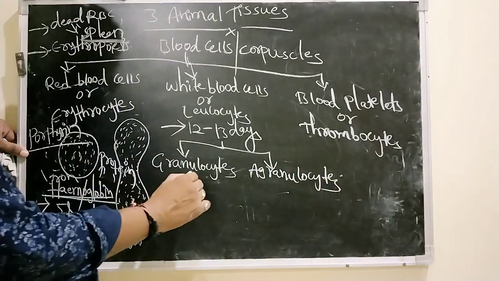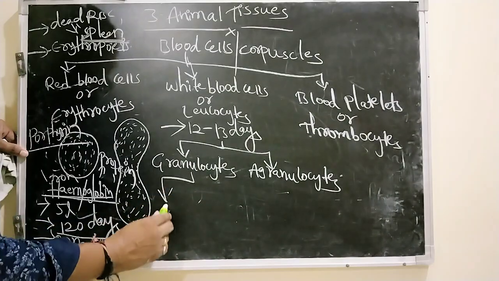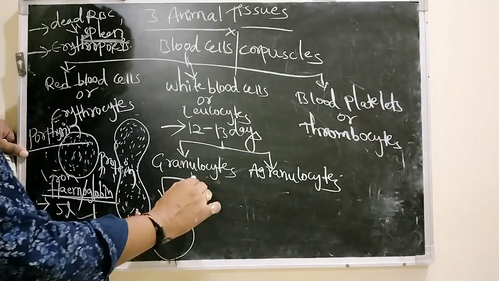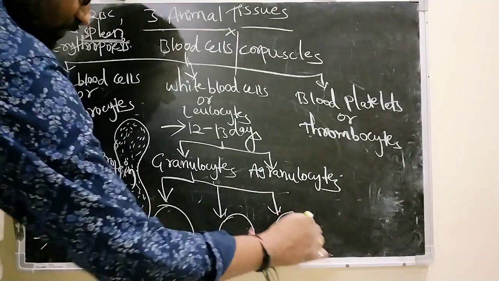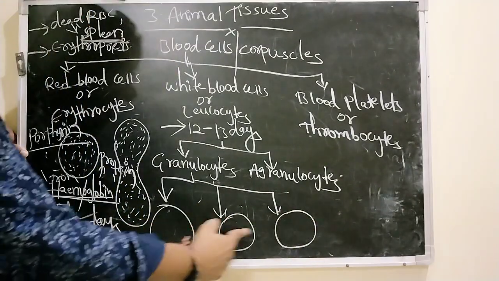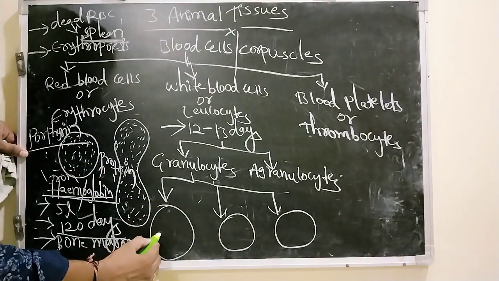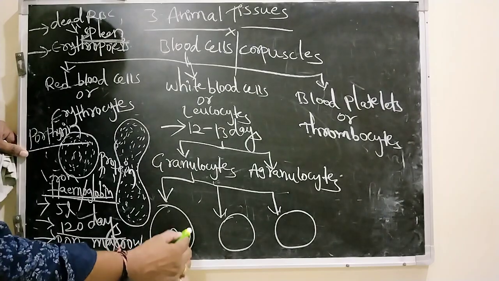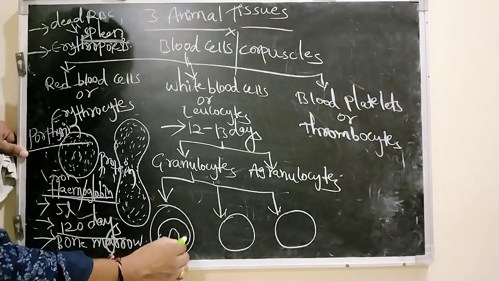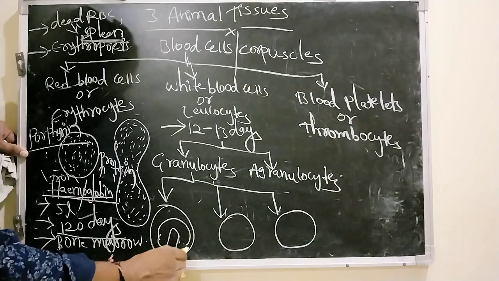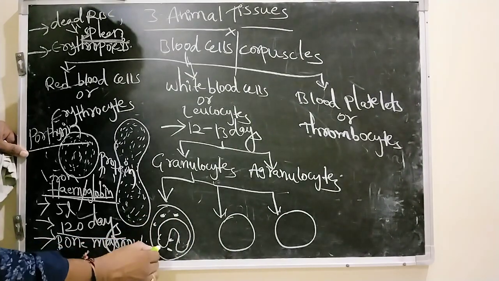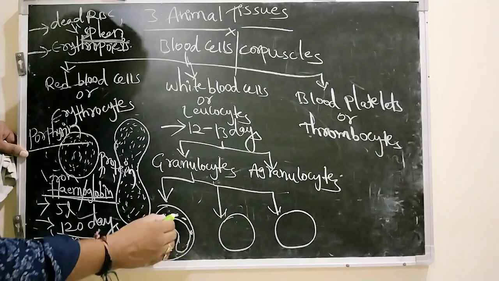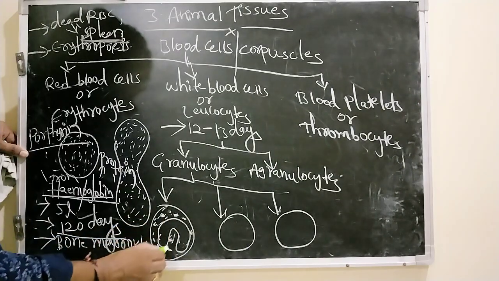Okay, and there are three granulocytes: acidophil, basophil, and neutrophil. See, a two-lobed nucleus is present, and granules are present, and cytoplasm is present.